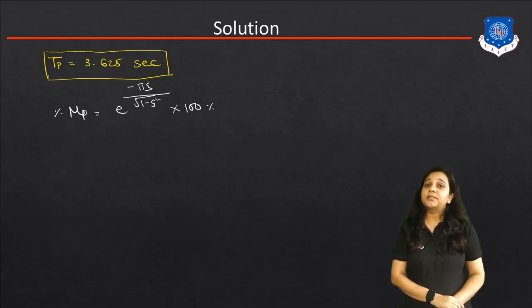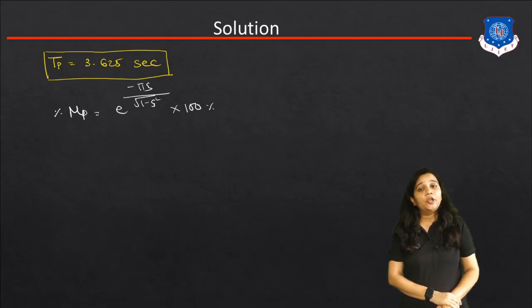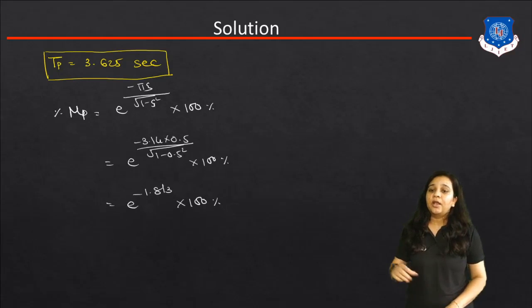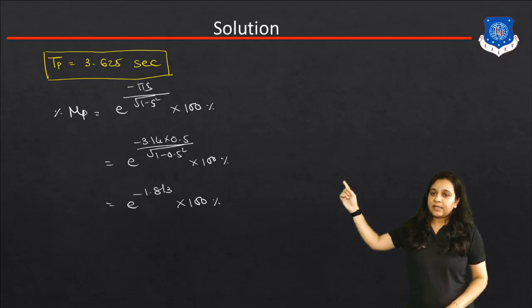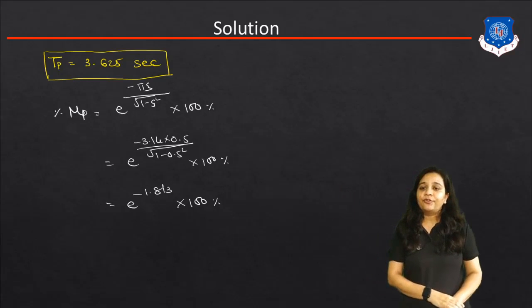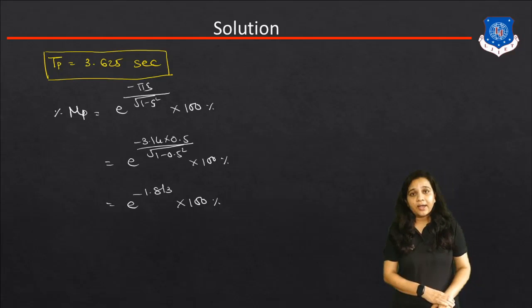And the last one is to find the value of the maximum peak overshoot, percentage Mp, which is equal to e^(−πζ/√(1 − ζ²)) × 100%. Put the value of zeta in this equation, so we get e^(−3.14 × 0.5/√(1 − 0.5²)) × 100%.